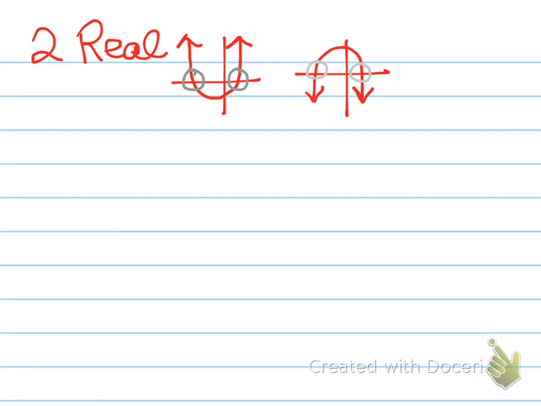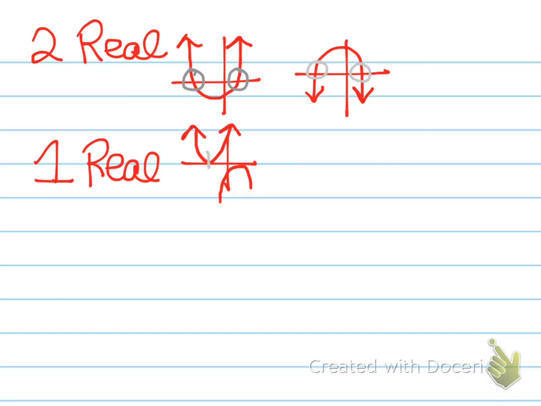If our discriminant equals 0, that's where we have one real solution. Meaning, we're still going to see it, it's real, but it hits only once. So it hits the x-axis right there, and then it bounces up. And again, it could also be opening down, hitting the x-axis just once, right here, and then going back down.